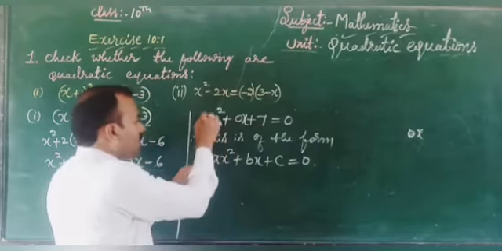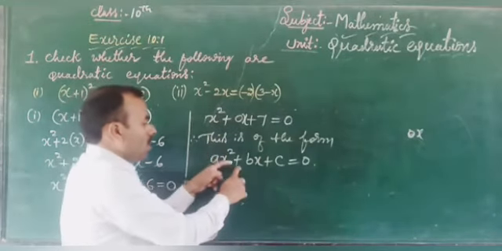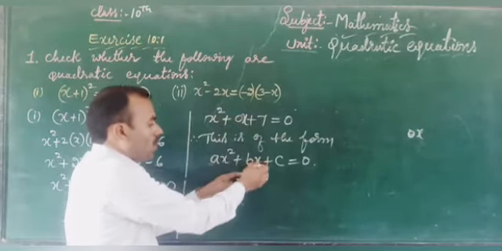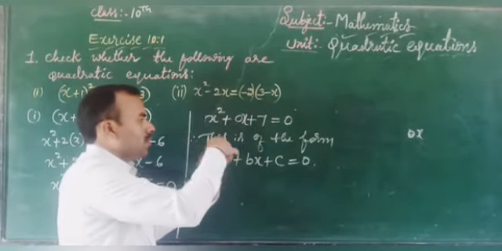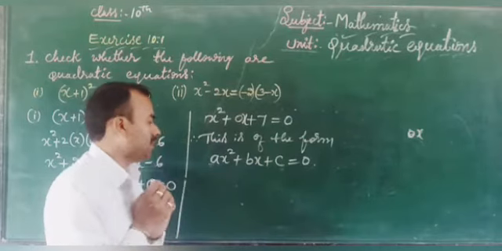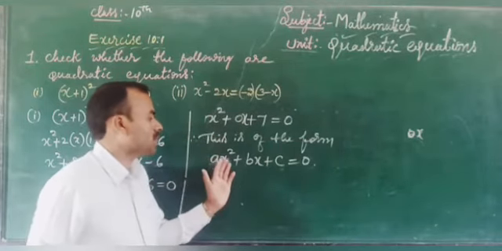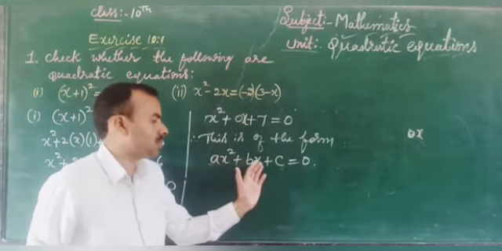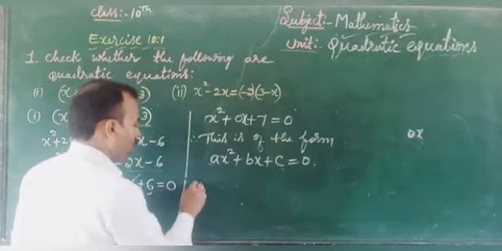In the place of a, there is 1 and x square, plus in the place of b, 0 and x. 0 and x means there is no value, plus c value is 7. This is of the form ax square plus bx plus c equals 0.